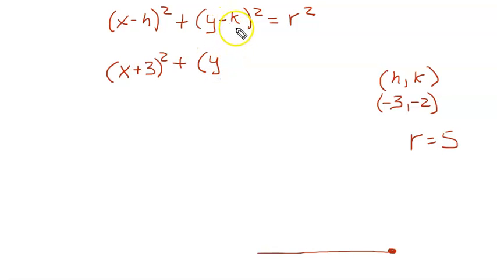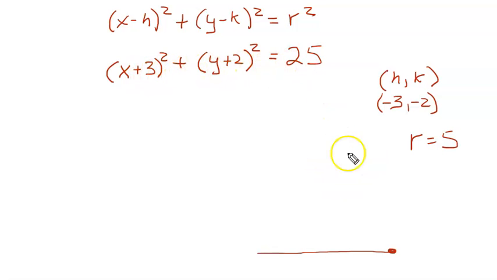So the opposite of -2 is +2. And we know that our radius is 5. So 5 squared is 25.